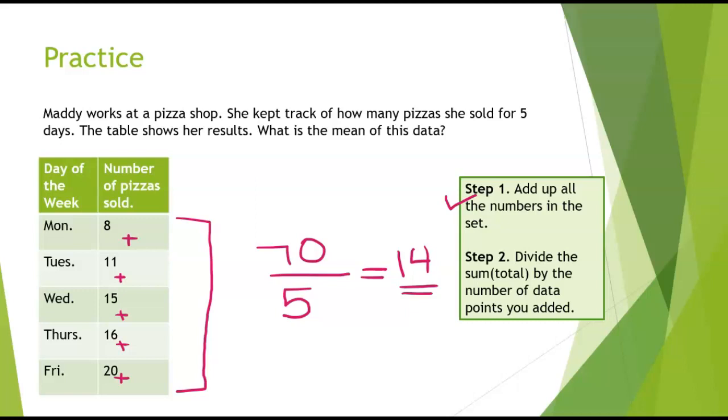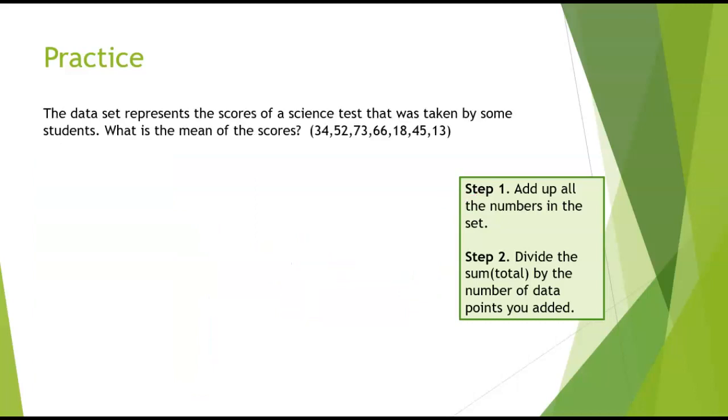Not so bad now, is it? Let's try another one. The data set represents the scores of a science test right here that was taken by some students. What is the mean of the scores? We have to add them all up.